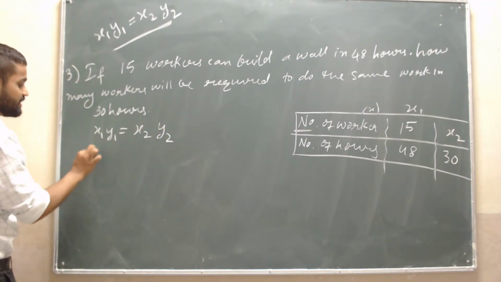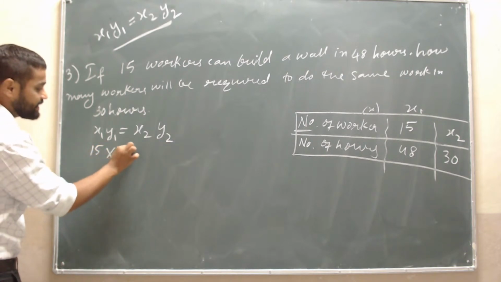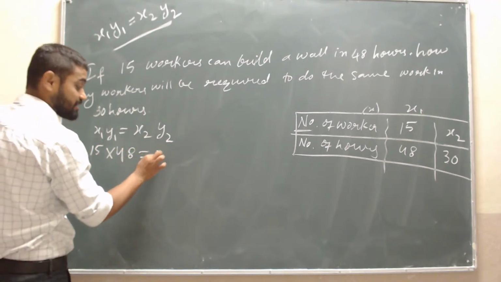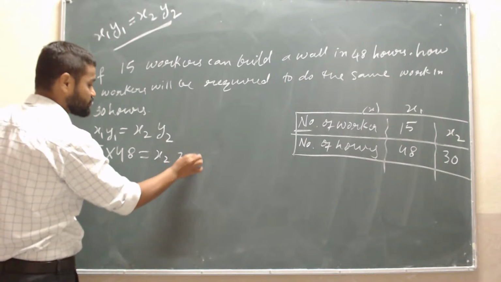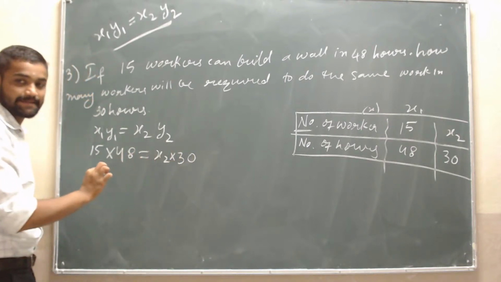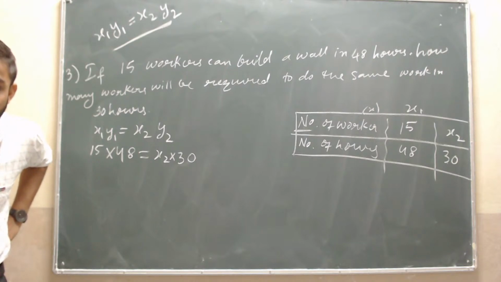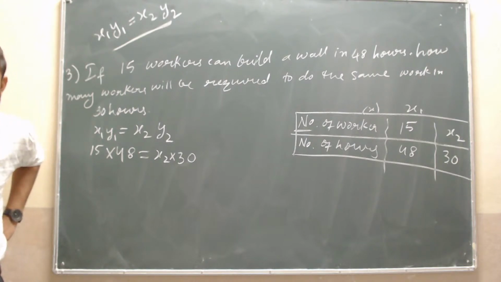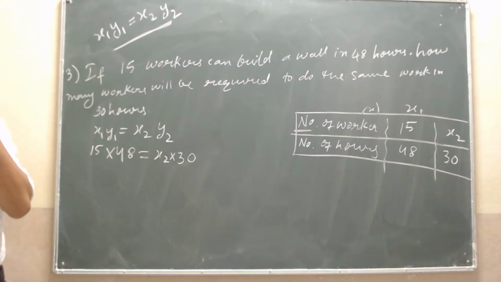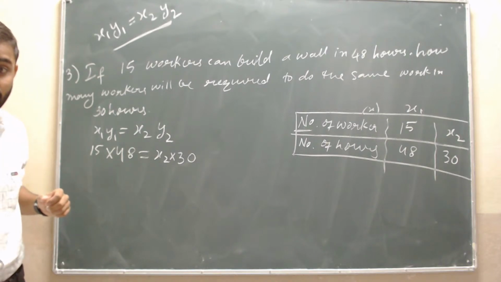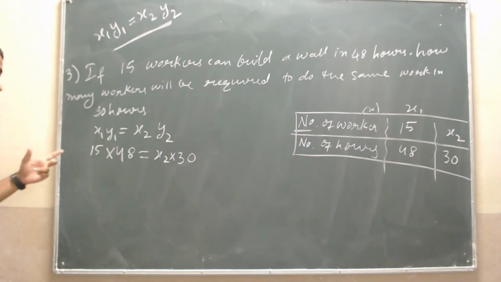The x1 value is 15 into 48 is equal to x2, whose value we don't know, and the y2 value is 30. Now they are giving 24, 24, yes, that is 24. Very good, students.